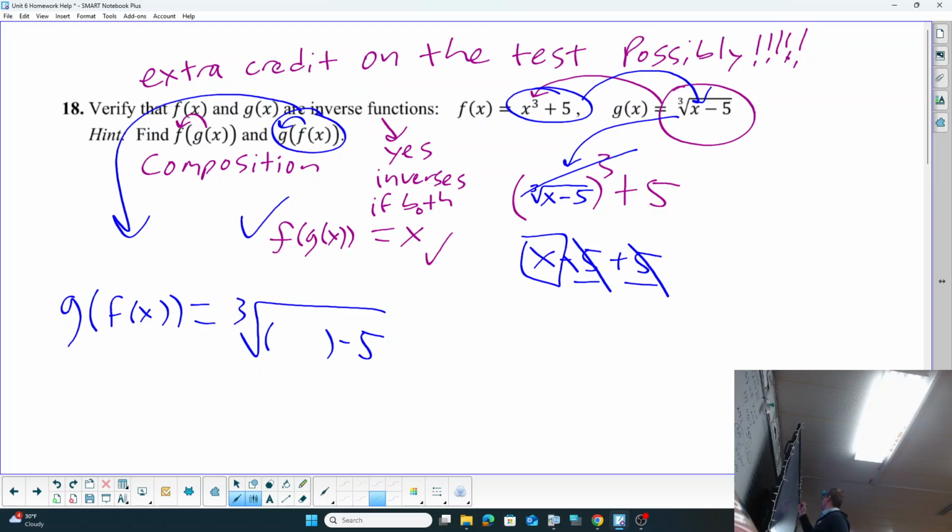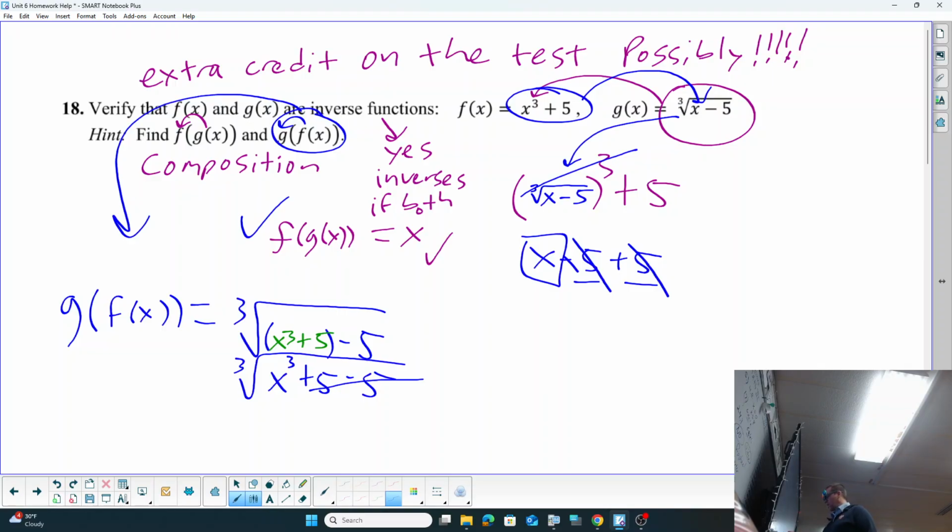Then we drop our parentheses, and we have x to the third power plus 5 minus 5. The 5 minus 5 cancel each other out. We still have the cube root going on.